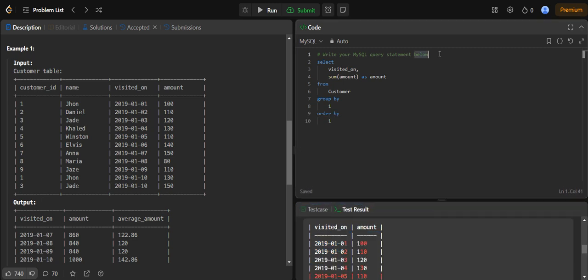Now I am going to put this inside a CTE, using WITH ... AS. So my first CTE is done. Next, I will select from this.